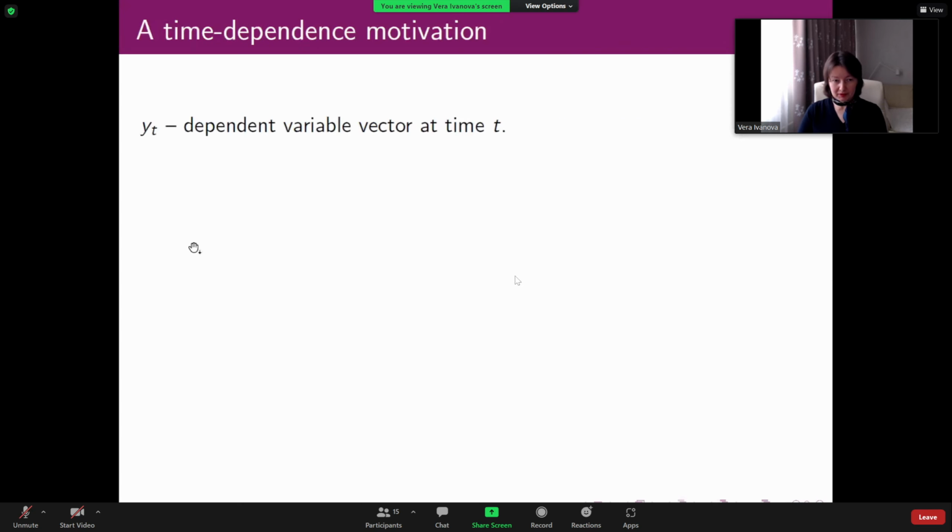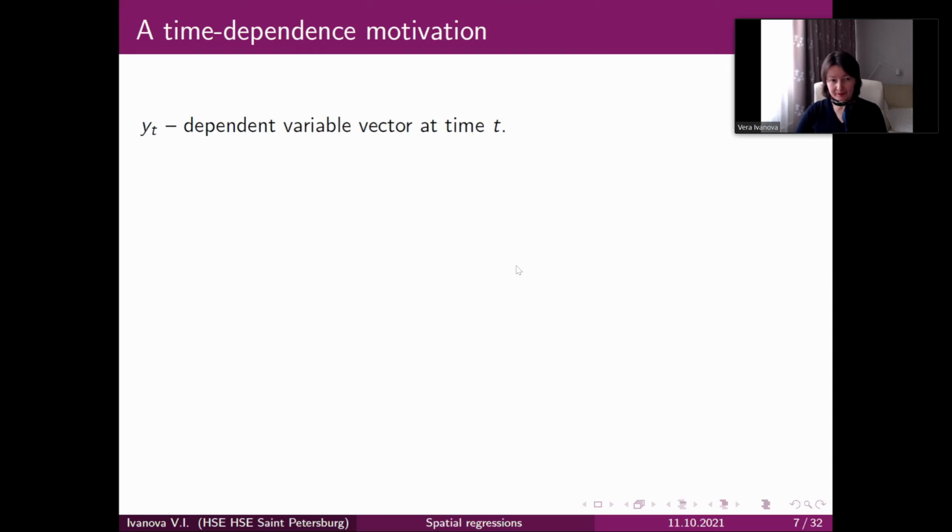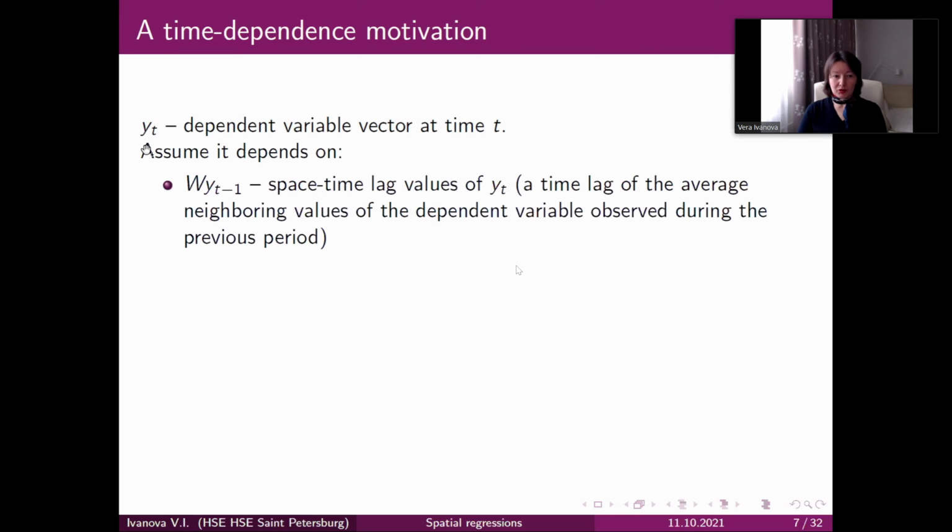Let's consider different stories. A time dependence motivation. Let's consider that our dependent variable at time t is y_t. Assume that it depends on neighboring values observed during the previous time period.